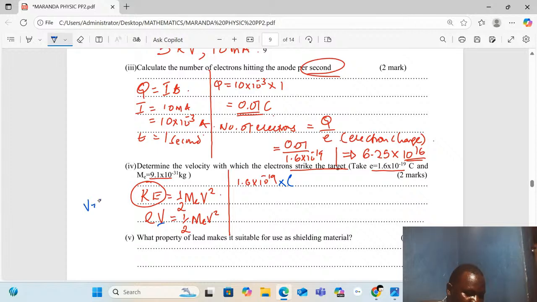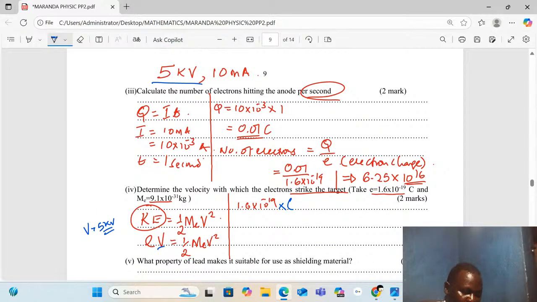We said it is 5 kilovolts from the previous question, so it is 5 times 10 raised to power 3 volts. And this is supposed to be equated to half the mass of the electron, which is 9.1 times 10 raised to power negative 31, times v squared.